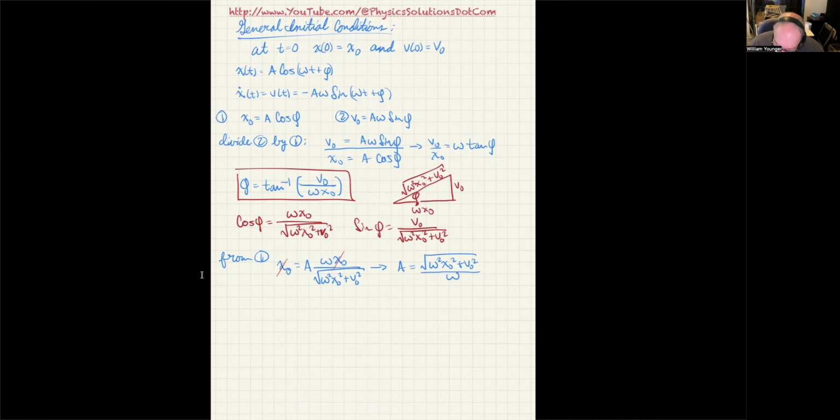So we could do it that way, and that's basically it. But that is a general result. The phi and the A that we just got there are general results for any initial conditions. You just have to know the initial x value is x0, the initial v value is v0. Plug all those in, and you'll get exactly the right answer. And that's more or less what they're doing in example 14.9.